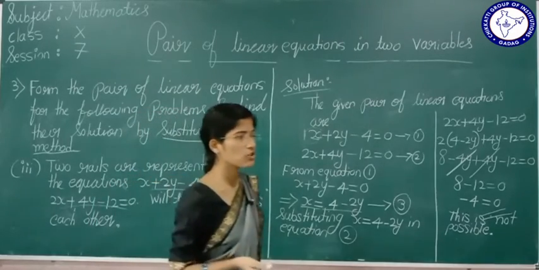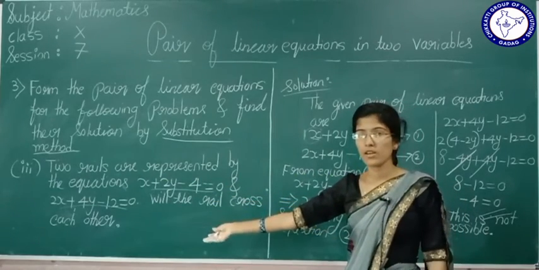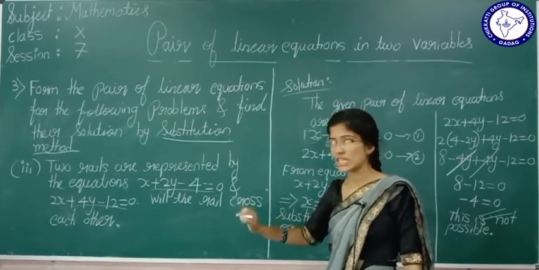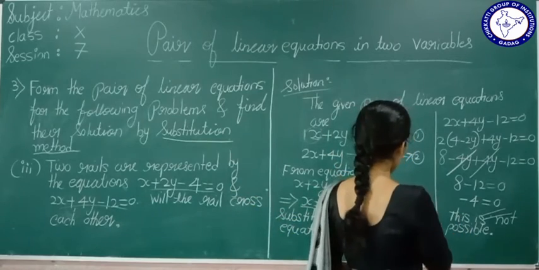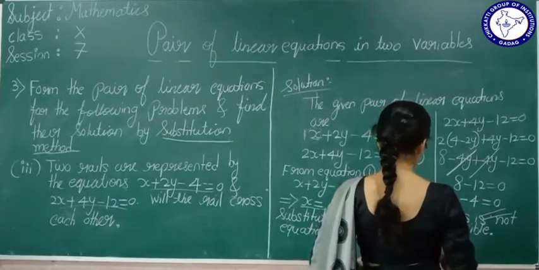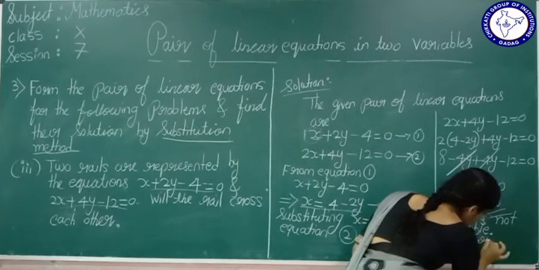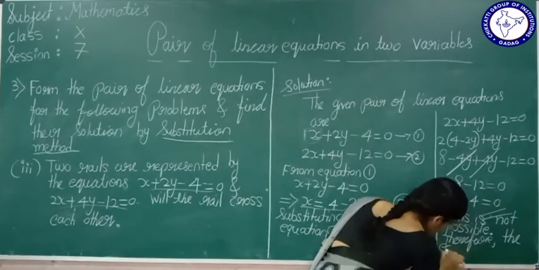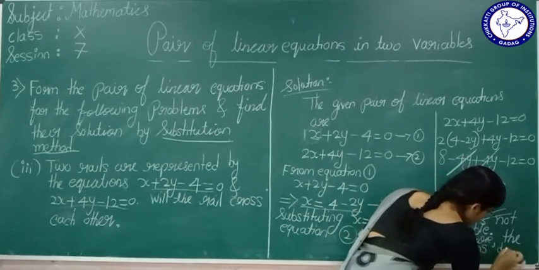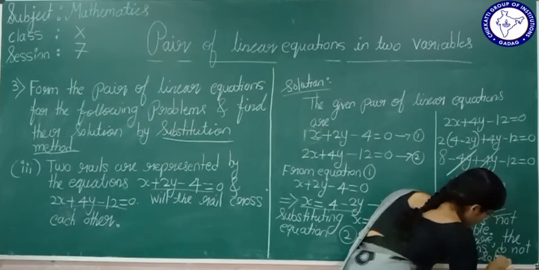If they do not have a solution, what can we tell? They asked the question, will the rails cross each other? What can we tell? No, the rails will not cross each other. We can write here: therefore, the equations do not have a solution.